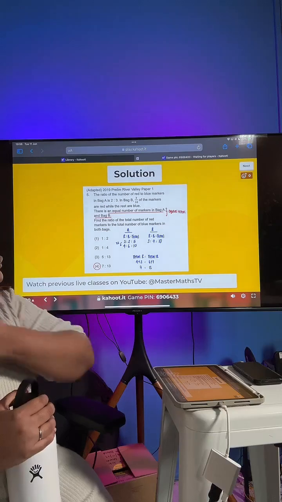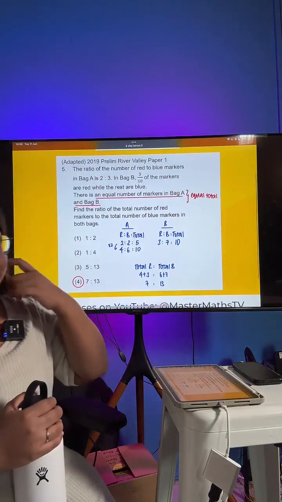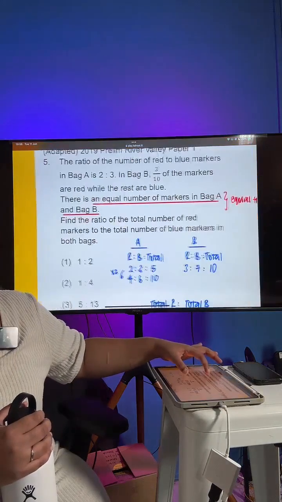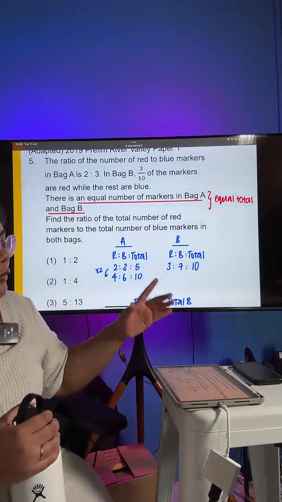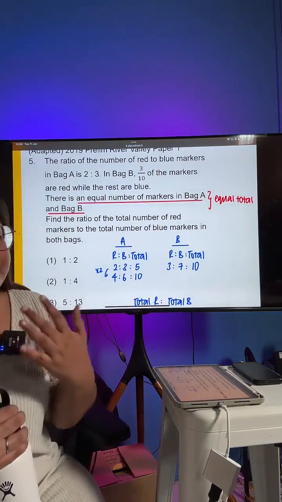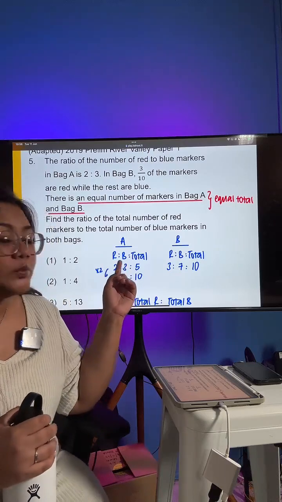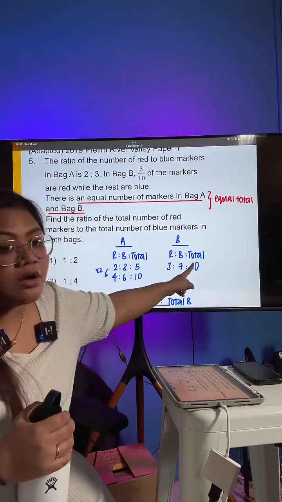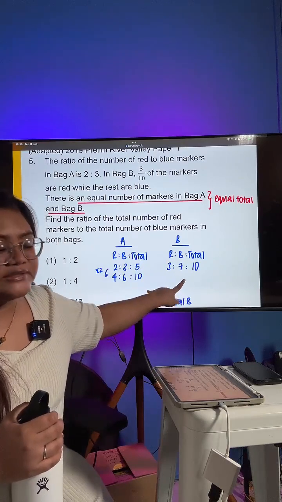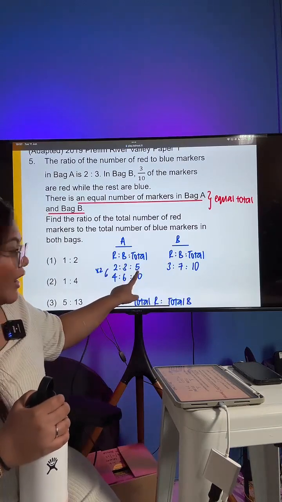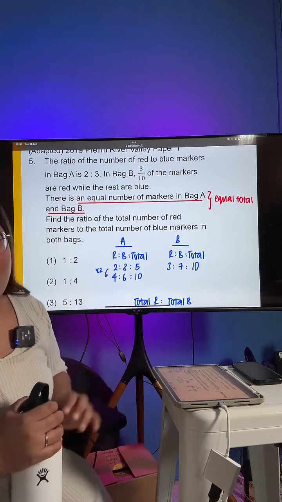Alright, let's take a look at the solution here. Important phrase in the question, let me zoom it in for you guys to see clearly. We want an equal number of markers in bag A and bag B. This is told to you, so we would want to come up with the total columns and make the totals the same. We cannot just leave it as 5 and use the units 2 or 3.